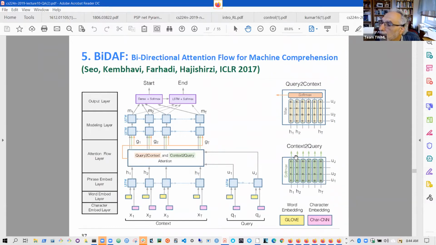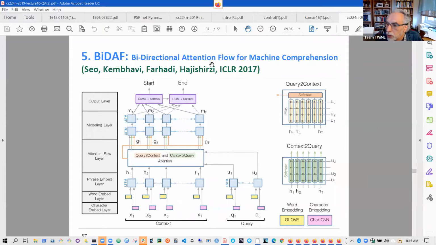I guess these green arrows represent context to query. So they take the H's as inputs, and this part, query to context, takes both the H's and the U's. So the H's and the U's are the inputs. That's what we're seeing here.